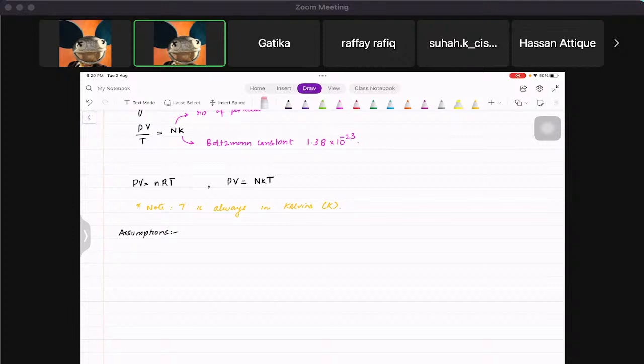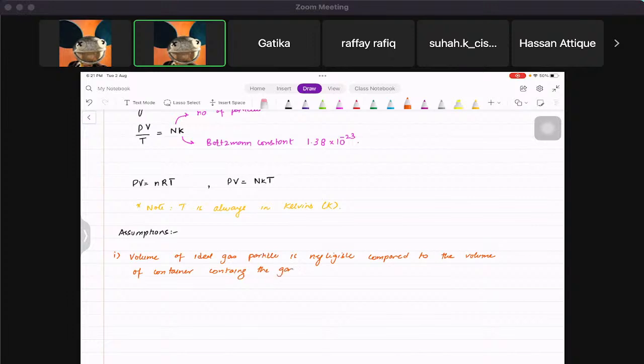So the first assumption is that the volume of an ideal gas particle is negligible compared to the volume of the container containing the gas.